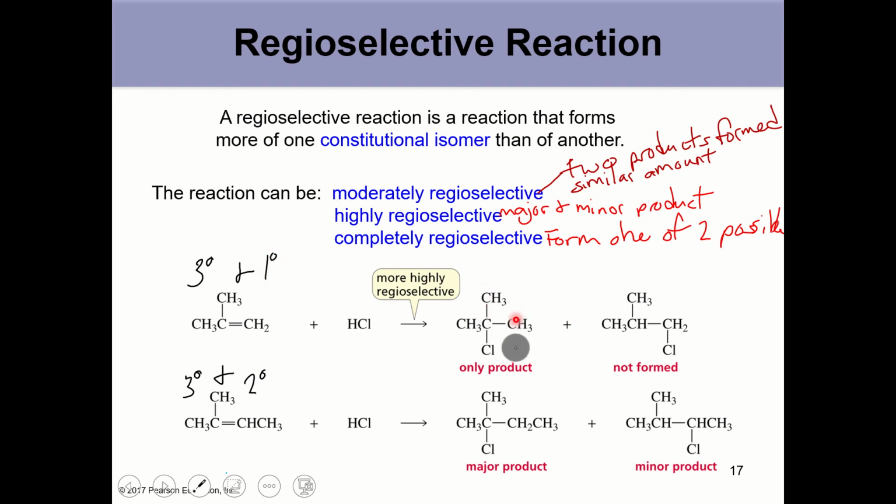So this reaction would be completely regioselective. Only one product, and the other product resulting from the primary carbocation is not formed. Highly regioselective would be, for example, having a very major product, 90% perhaps, and a minor product, maybe 10%.